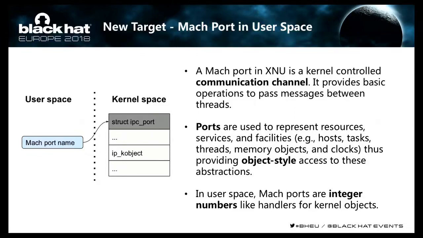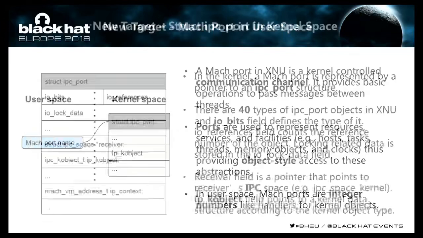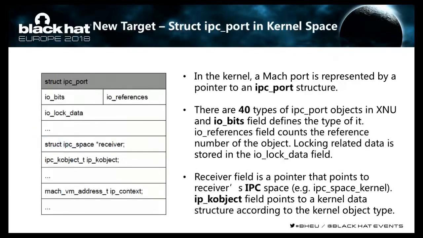In user space, Mach ports are integer numbers like handles for IPC port kernel objects. In the kernel, a Mach port is represented by a pointer to an IPC port structure.